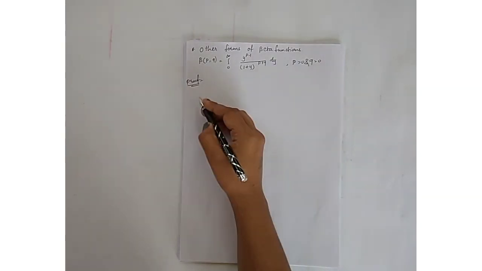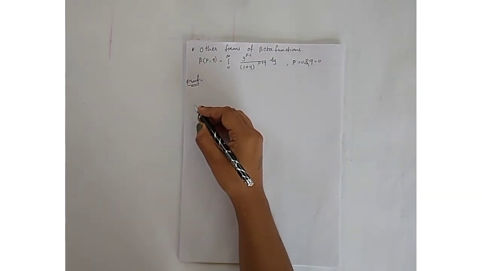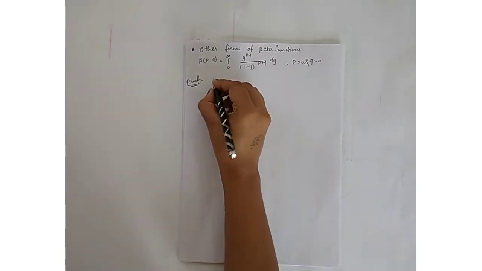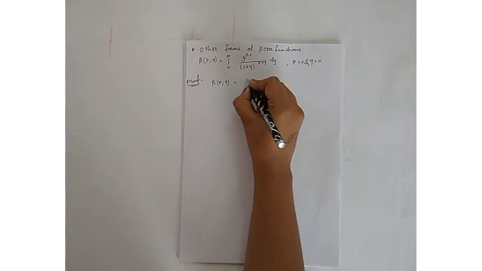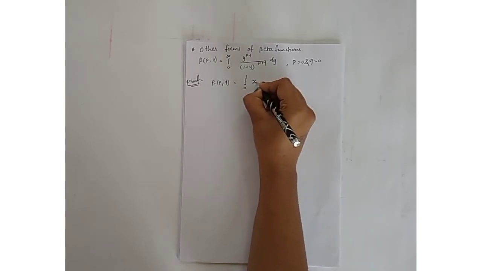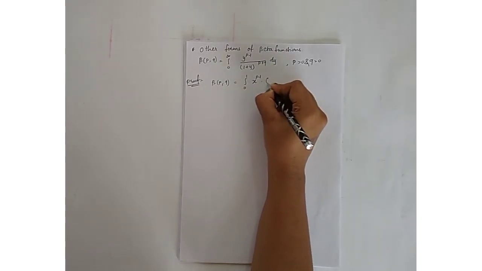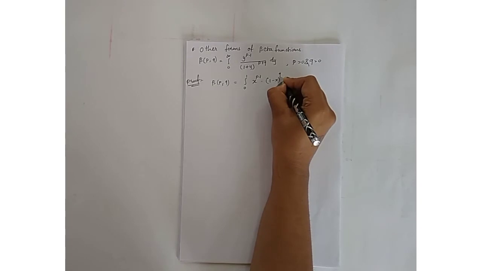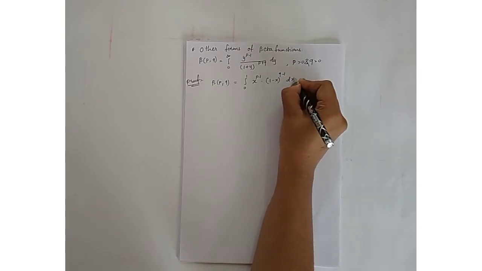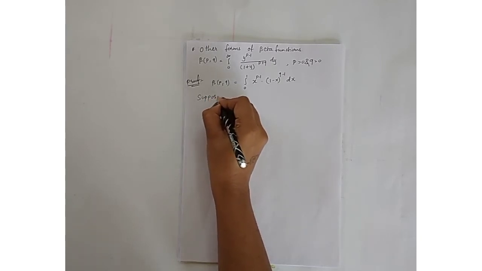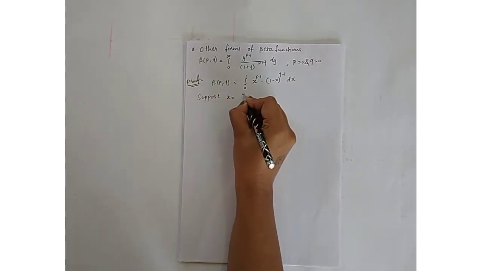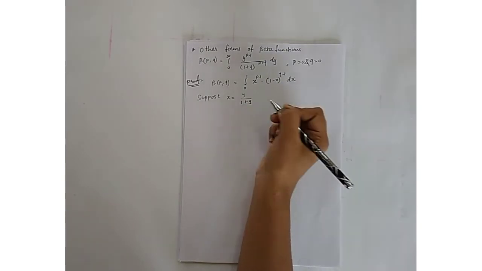So proof. We are using the definition of beta function, that is beta(p,q) is equal to integration with limit 0 to 1 x to the power p minus 1 into (1 minus x) to the power q minus 1 into dx. Now suppose x is equal to y upon 1 plus y.